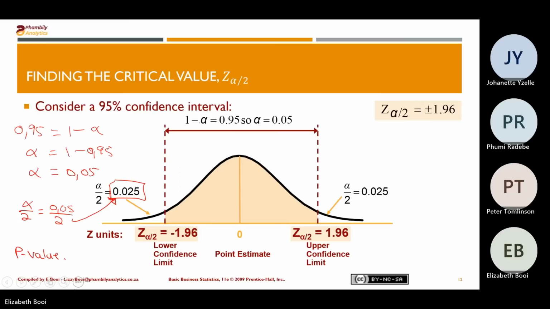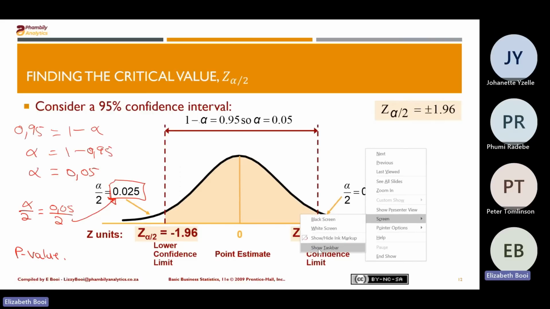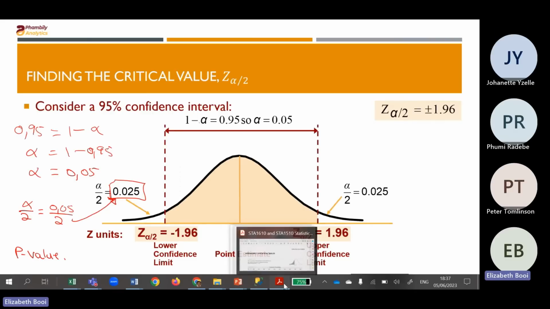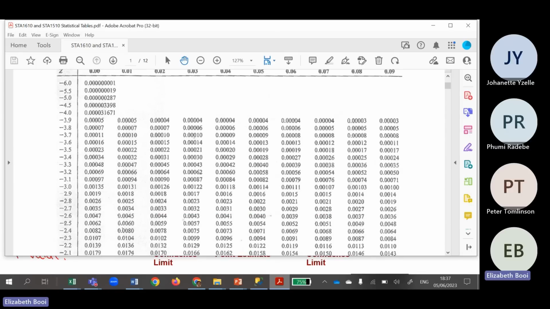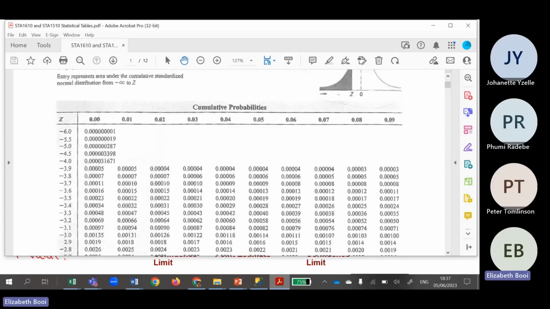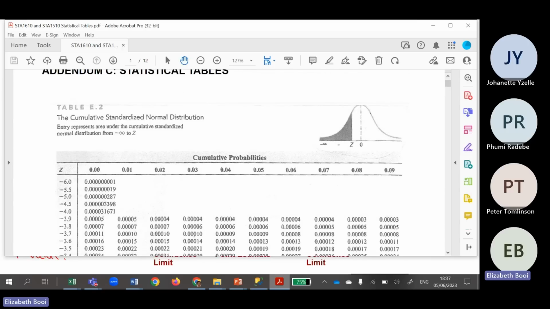Now, how do we then find the critical value? We said the critical value is our Z value if we are looking at the Z table. So we need to find the probability inside the table. Remember, this is our cumulative standardized normal distribution table, which we call the Z table, that we used in normal distribution and sampling distribution.